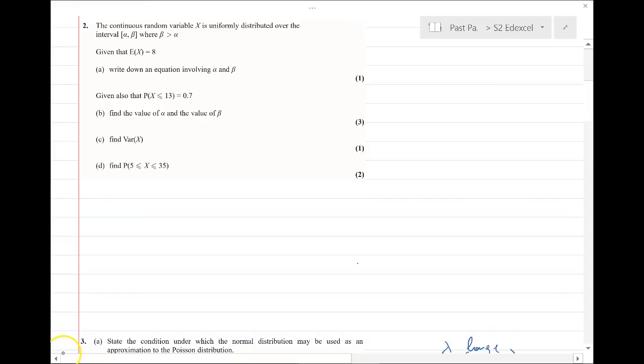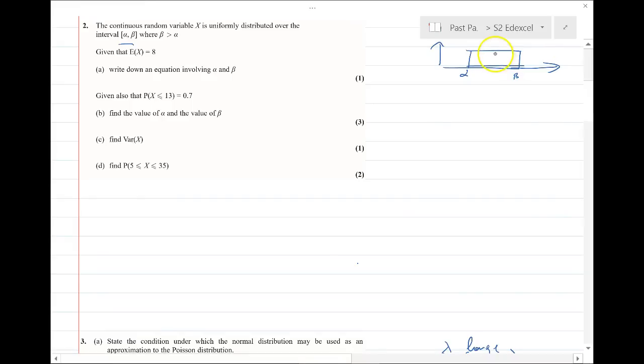Okay, so now we've got a continuous uniform distribution, which basically means we've got even probability between alpha and beta. If this has a probability density function, and we have beta here and alpha here, it's got to be evenly chanced between those two values and impossible anywhere for it to be anything else.